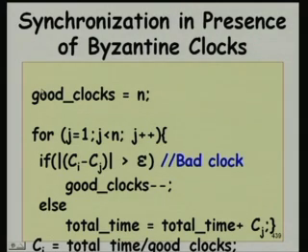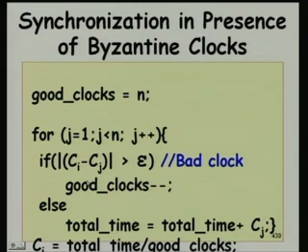So, this is the pseudocode for that simple thing. The number of good clocks to start with is n, a global variable set to n. Now, it computes, this is one interval for synchronization. So, what it does is, if the clock drift is more than epsilon, it is a bad clock, it just reduces the number of good clocks, and if it is a good clock, within this bound, it just computes the total, and then computes the average.